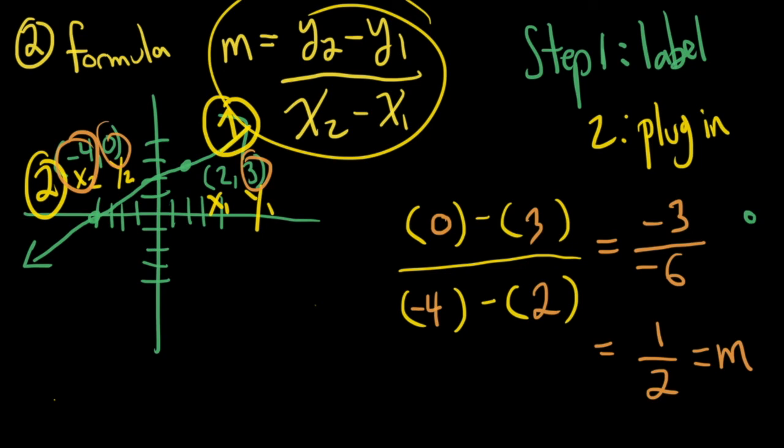Sometimes teachers will also give you a question where they just will say this. This is the question. So one more example. They're going to say, what's the slope between the 2 points?